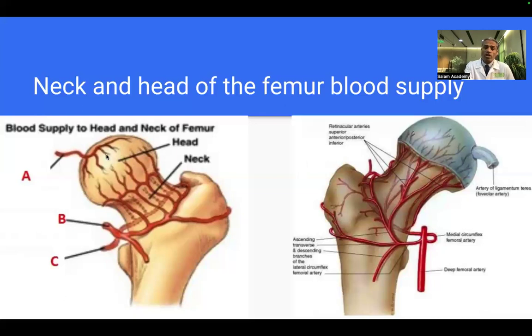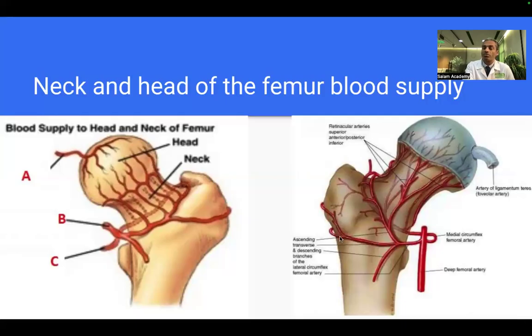This is the network. You see, this is the network. And this network, I said before, has five arteries that nourish it by anastomosis. This is the deep femoral artery, a branch from the femoral artery. And this is the medial circumflex femoral artery and the lateral circumflex femoral artery.